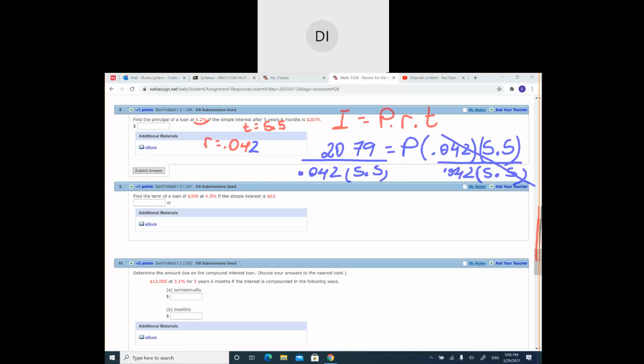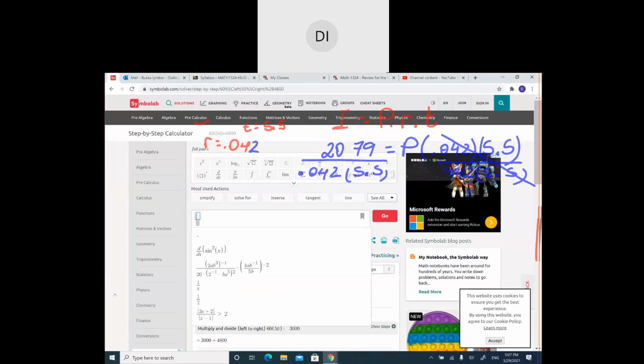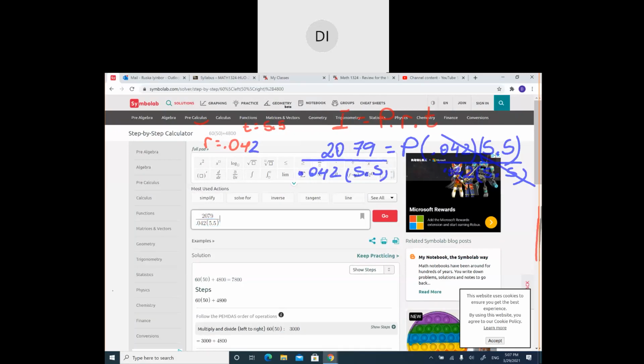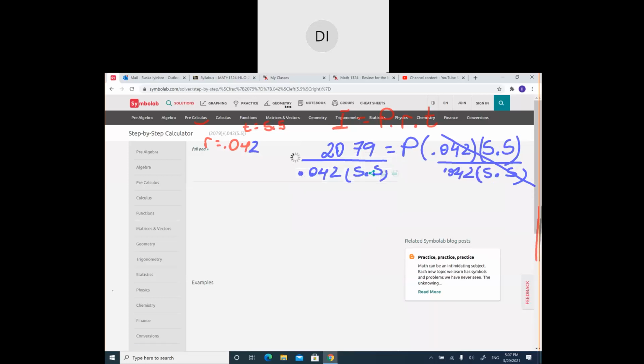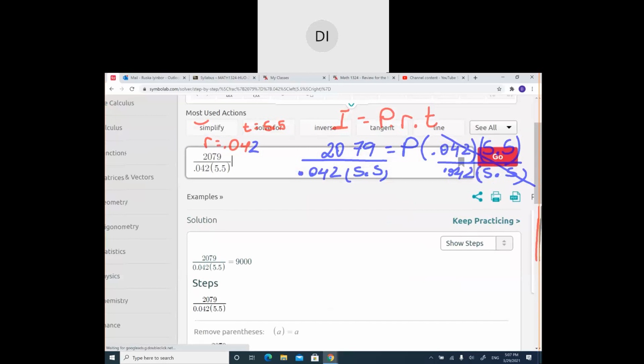So this cancels out. The principal is going to be what we get when I divide those numbers in a calculator. I'm going to plug it in exactly the way they are. I'm going to do a fraction, 2,079 on the top and 0.042 times 5.5 on the bottom. And then the principal is going to be 9,000 right here. Okay, so that's how you do this.